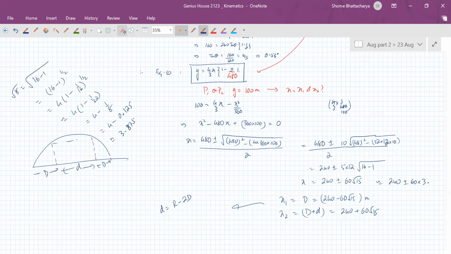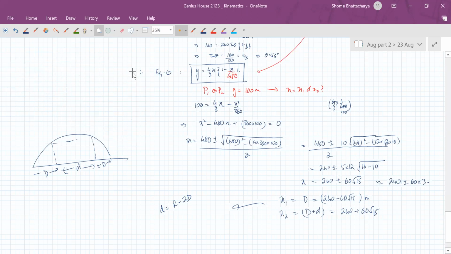So this here should be 10. Then this calculation is not required. And this becomes 60 root 6.